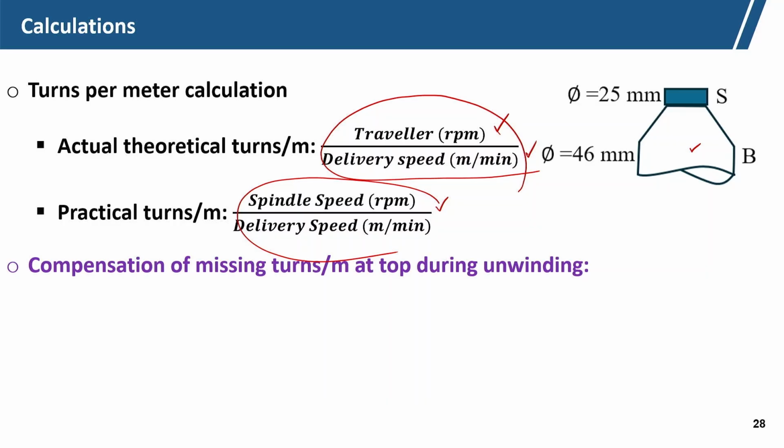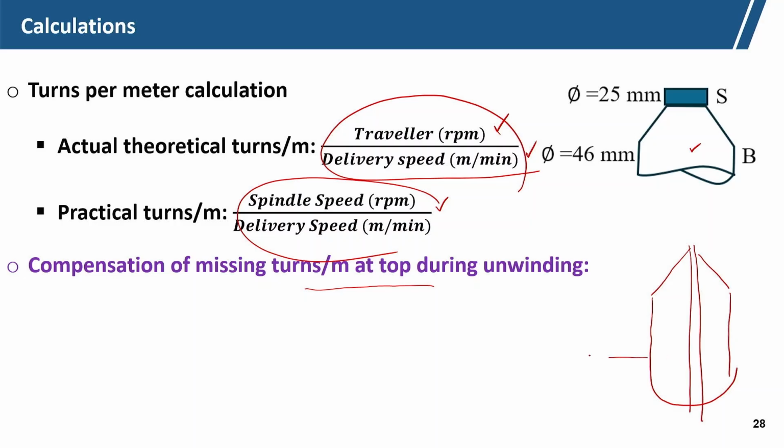So, compensation of missing turn at top during unwinding. If we see the unwinding of the cup ring bobbin, we do not unwind the ring bobbin from the surface like in a roving frame. In roving we draw from the surface, where the supply package rotates. Here the supply package does not rotate; we draw from the top.